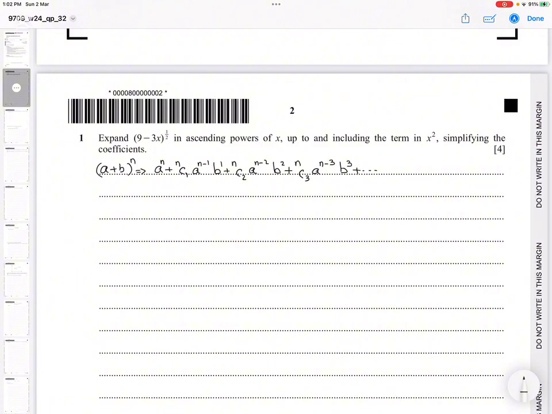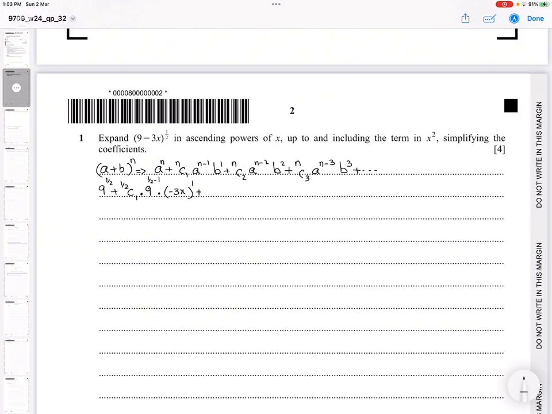So 9 power n, which is 1 over 2, plus nC1, 1 over 2 C1, dot means multiply, 9 power 1 over 2 minus 1, times minus 3x power 1.